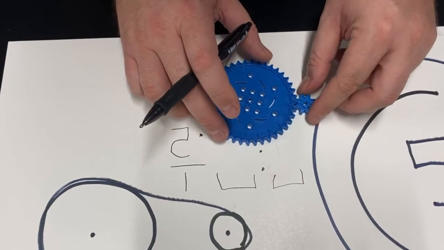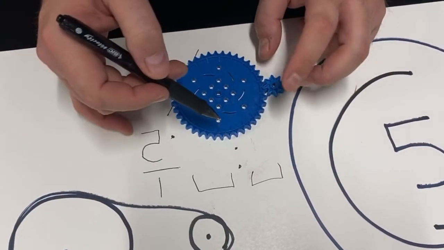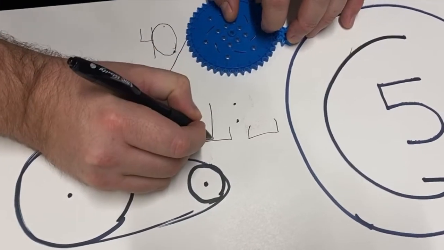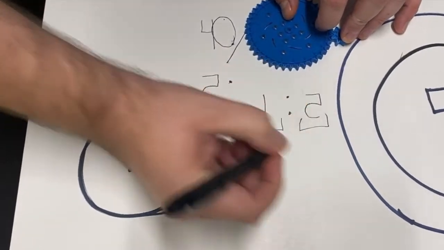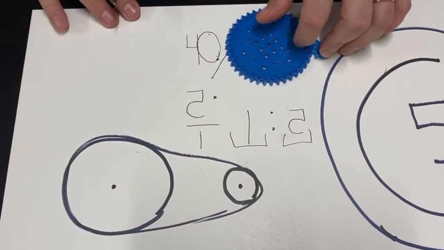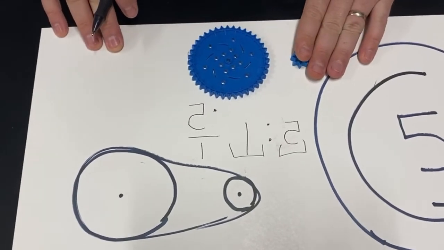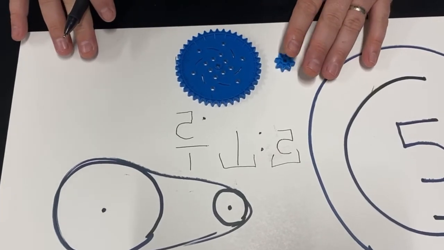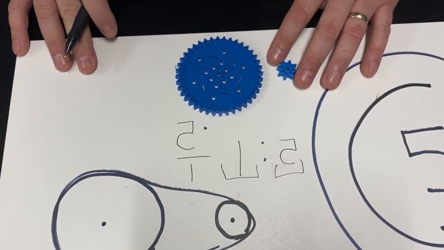So that tells me that my input is 1 and my output is 5. So it's 1 to 5. If I input 1 turn here, I get 5 turns out here. That is a really simple way that you can do gear ratios.